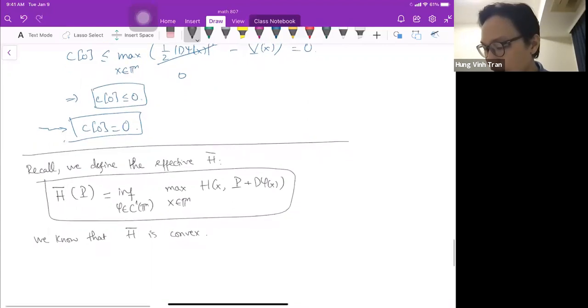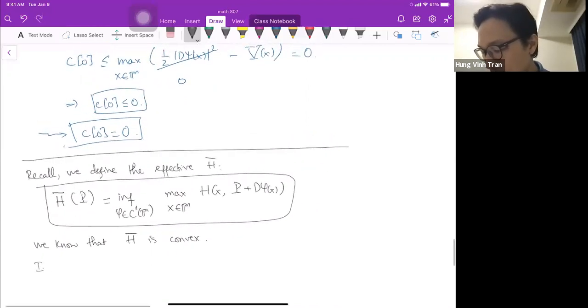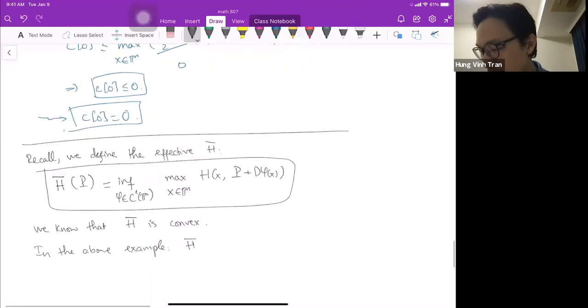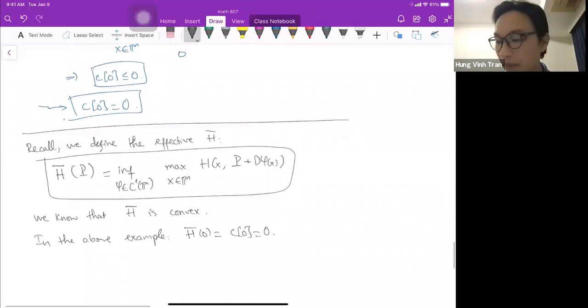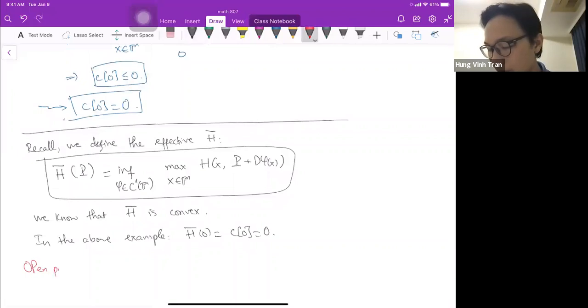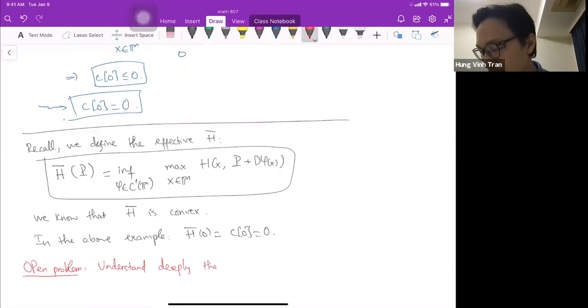In the above example, clearly H bar of 0 is just C of 0 equals 0. That's quite nice. But as I said, in general, the open problem is to understand deeply the behavior of H bar.